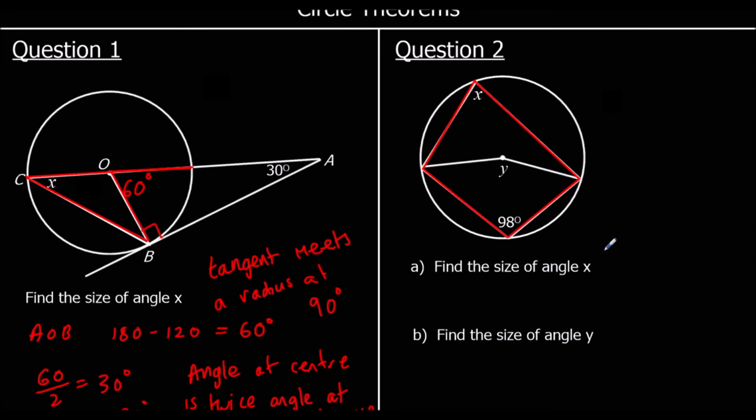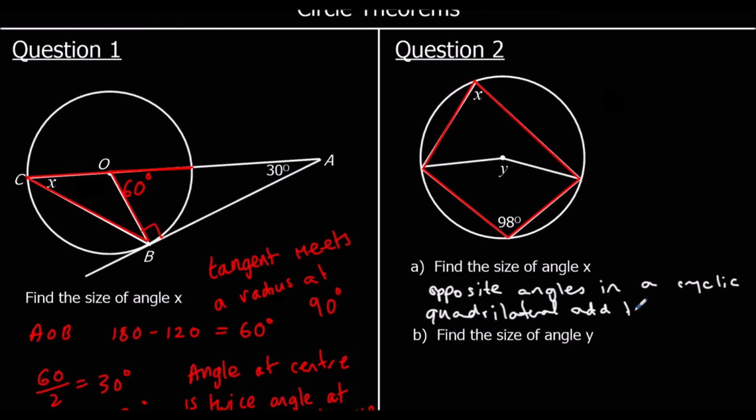So the opposite angles in a cyclic quadrilateral, a 4-sided shape inside a circle, add to 180 degrees. So 180 take away 98 is 82. So x is 82 degrees.